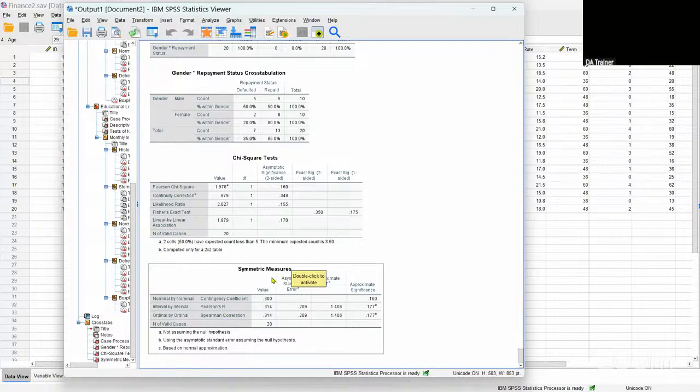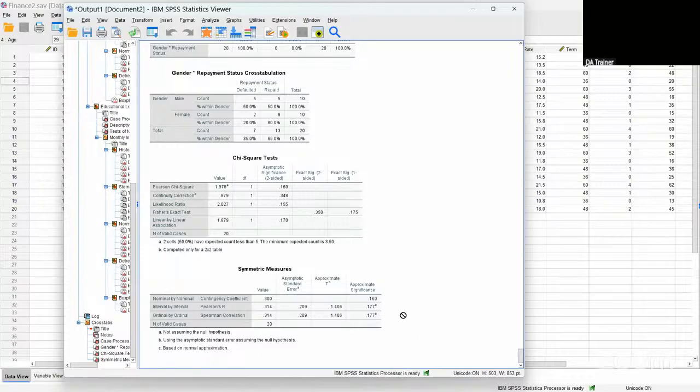Now, even down to symmetric measures, the contingency coefficient is still higher than 0.05. It's now saying not assuming the null hypothesis. And then we have here using the asymptotic standard error, assuming the null hypothesis based on normal approximation.